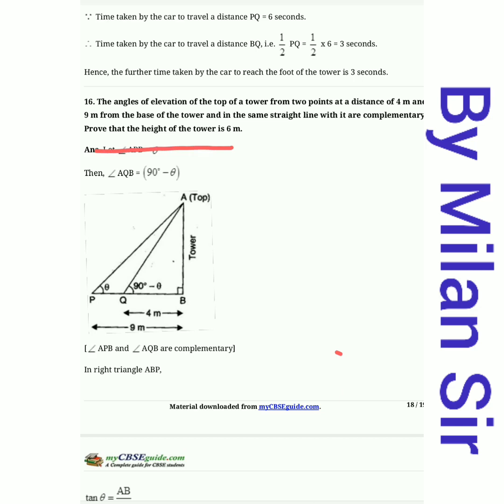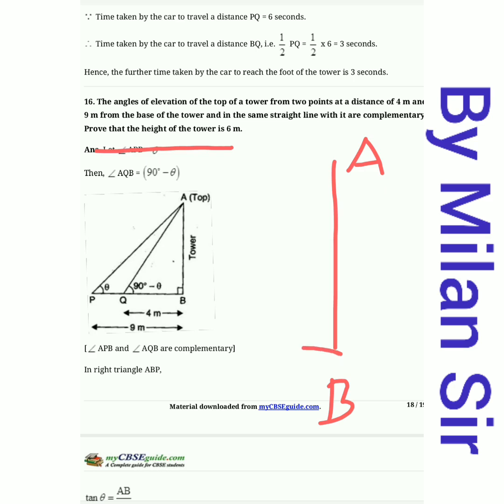Okay, so first of all we consider one tower AB, right? From 2 points at a distance 4 meter and 9 meter from the base of the tower, and in the same straight line. That means either right hand side, otherwise left hand side.